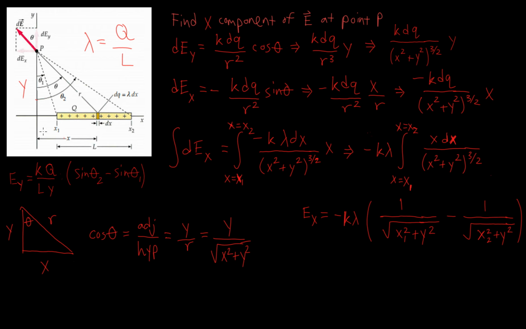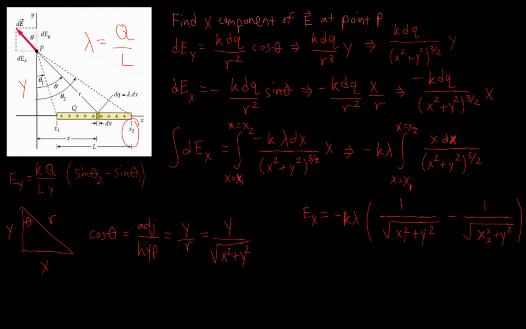And so the line charge starts at x1, and the angle between the y-axis and x1 is given by theta 1. And the line charge ends at x2, and the angle between the y-axis and x2 is given by theta 2.